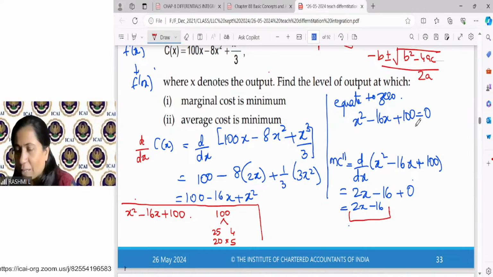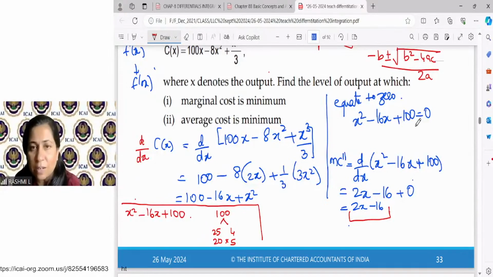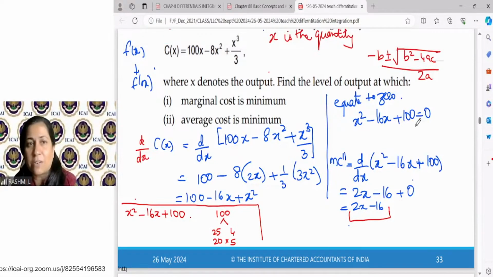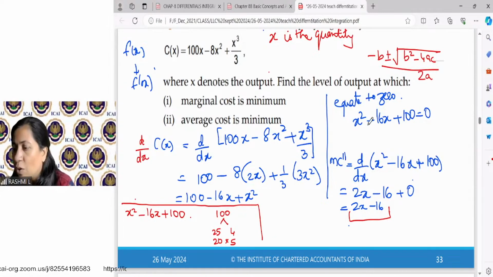Now let us see. I don't want a negative answer because I cannot have manufacturing to be a negative number. The minimum I can have is 0. So if I put 0 here, what will happen? 0 minus 0 plus 100 is equal to 100, not 0. We don't want that.